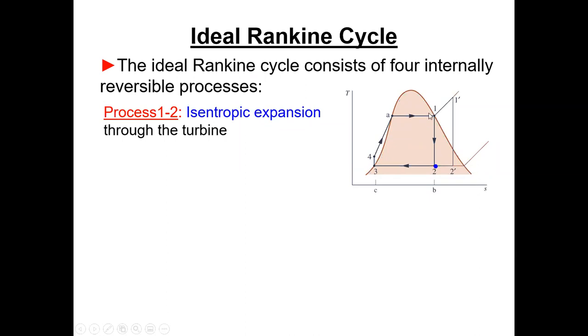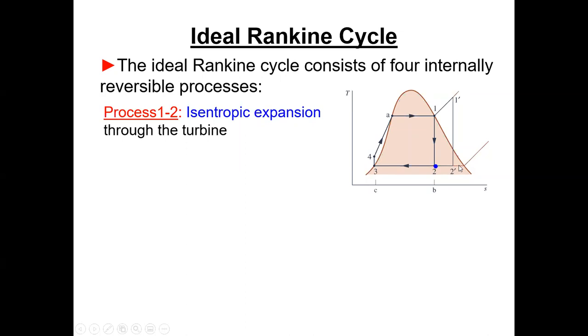So for isentropic, we drop straight from whatever point we enter the turbine straight down to the condenser pressure, with no entropy increase. Now, a real turbine will have some entropy increase. So if you started at 1, you'd wind up to the right of 2. If you started at 1 prime, you'd wind up to the right of 2 prime, which in terms of moisture in the turbine actually helps you.